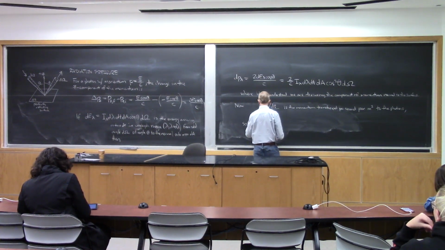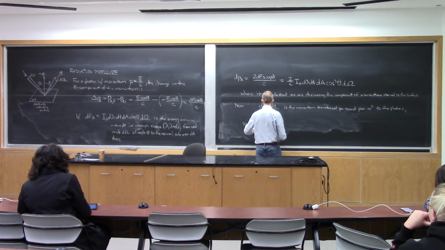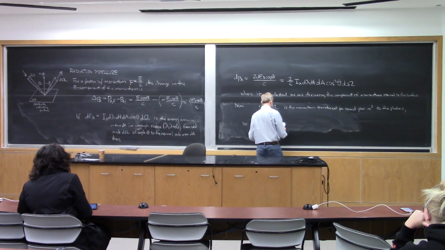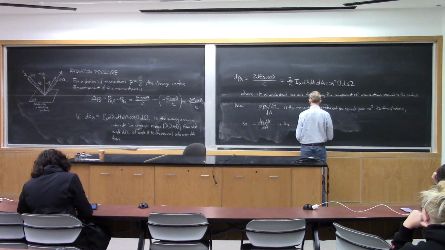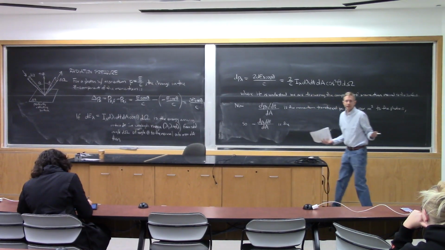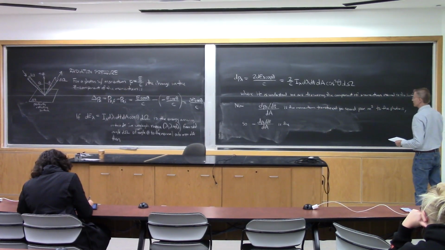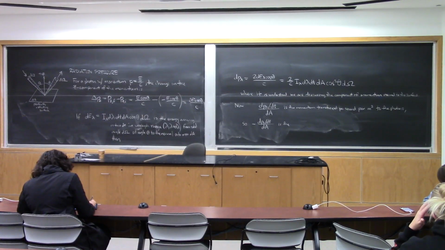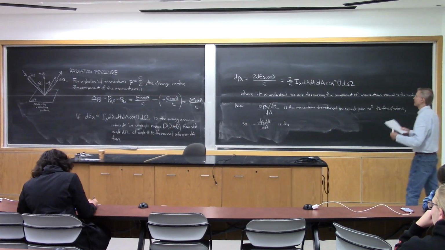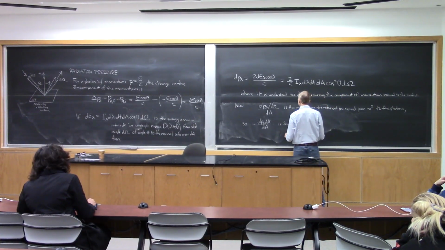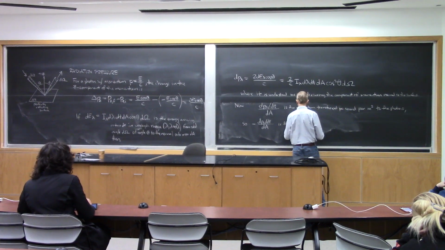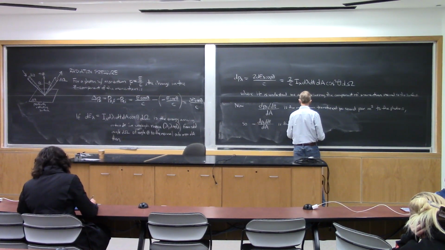So minus dP lambda dt over dA is the momentum transferred per second per square meter to the surface. That's the radiation pressure. Momentum per second per square meter transferred to the surface, that's the force on it, that's the pressure, I should say, due to those photons impinging upon it.